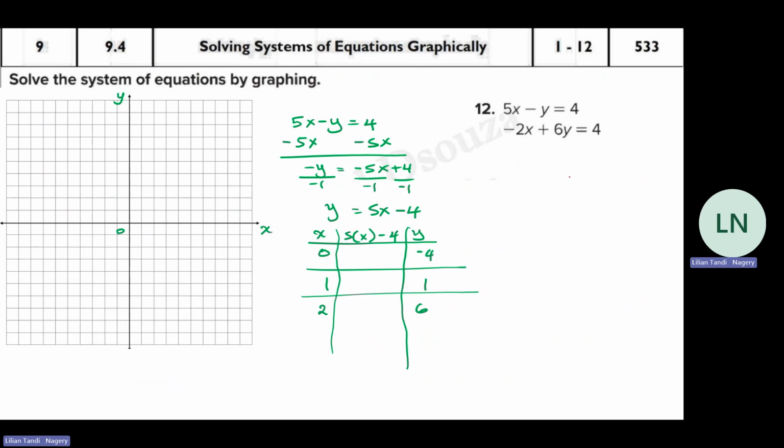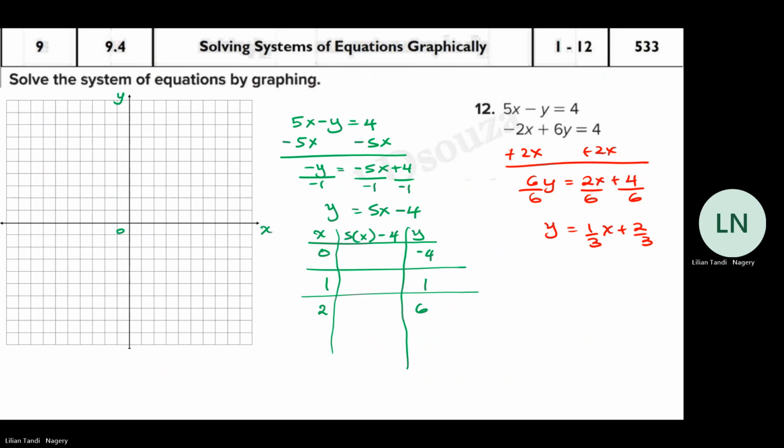Okay, I'm going to do the other one. Plus 2x, plus 2x. 6y equals 2x plus 4. Divide 6 on all your terms. y equals 1/3 x plus 2/3.